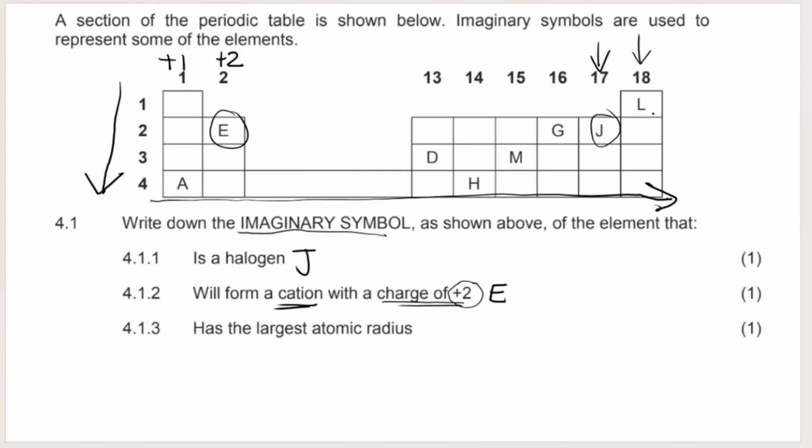So the ones on this side will have smaller atomic radii, and as you go down, it also increases. So it decreases as you go across the period. As you go from A this way, it decreases. So these are the smallest ones, and it increases as you go down the group. So therefore A has the largest atomic radius.